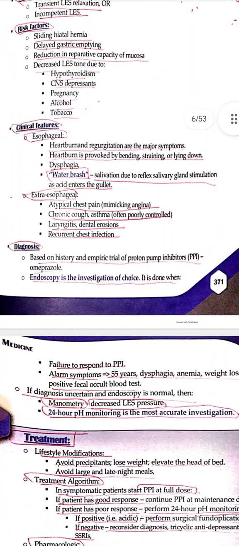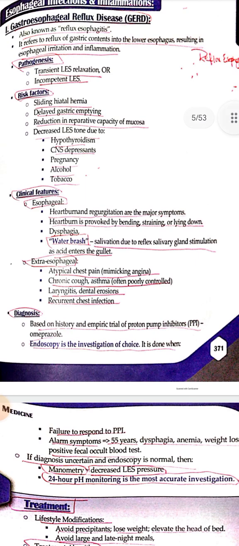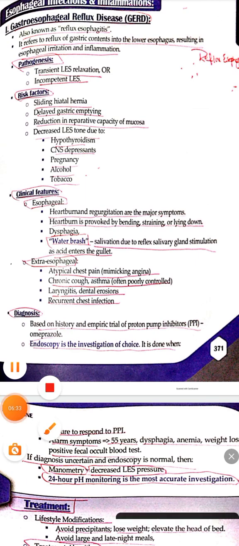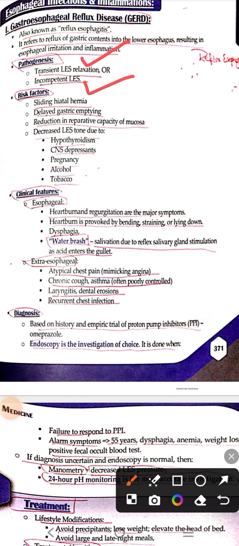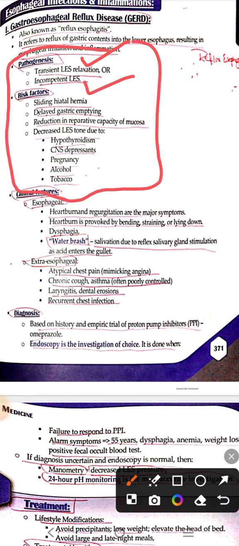So let's go towards its pathogenesis. I have divided the pathogenesis as well as the risk factors, and I will discuss them in one section. I have divided the pathogenesis into three portions, that is, what are the reasons due to which GERD occurs? Number one is lower esophageal sphincter relaxation.